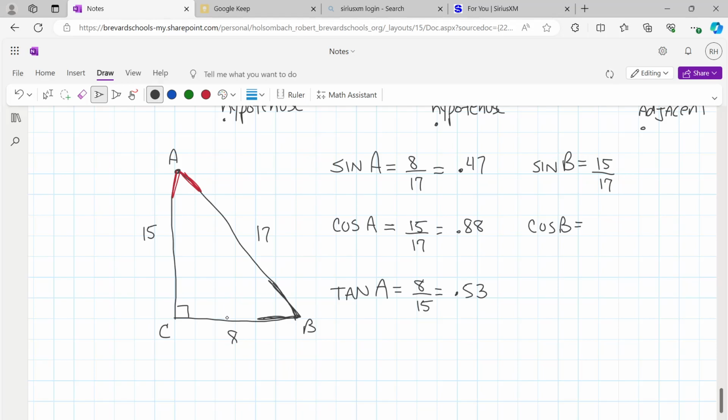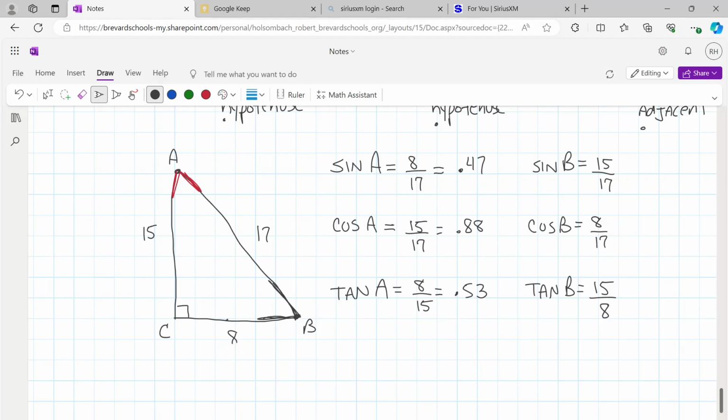The A represents the adjacent side to the angle over the hypotenuse, so we got 8 over 17. And tangent of B, and tangent is the TOA, opposite side over adjacent side. So opposite of B is 15, and adjacent to B is the 8.